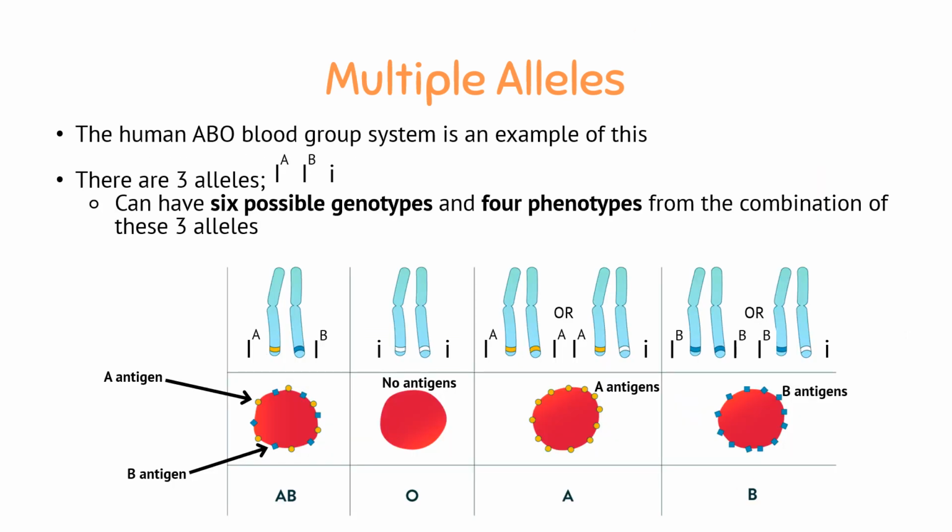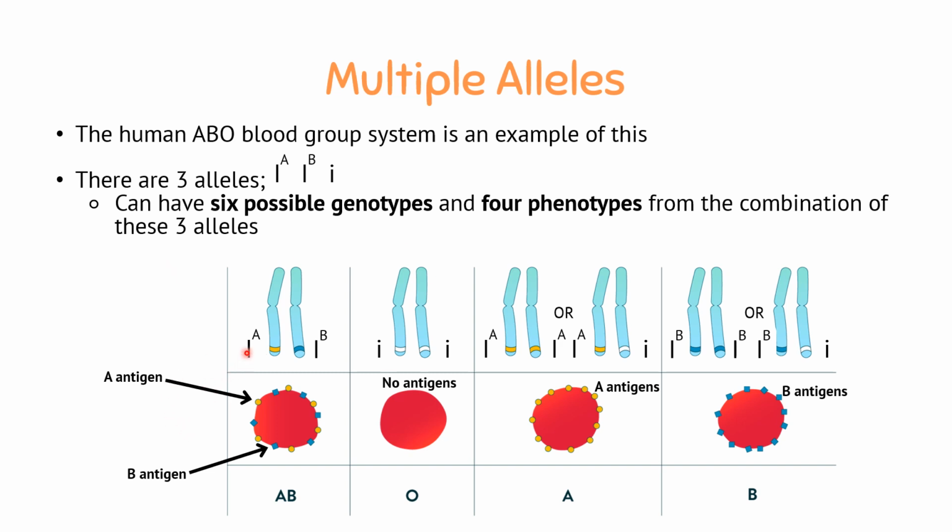A common example of this is the human ABO blood group. We have three alleles that determine our blood group or our blood type. Because you have two copies of each allele, there are 6 possible genotypes, which you can see up here, but there are only 4 phenotypes as a result of these alleles.